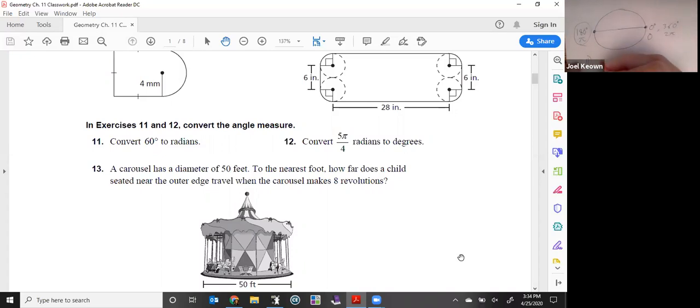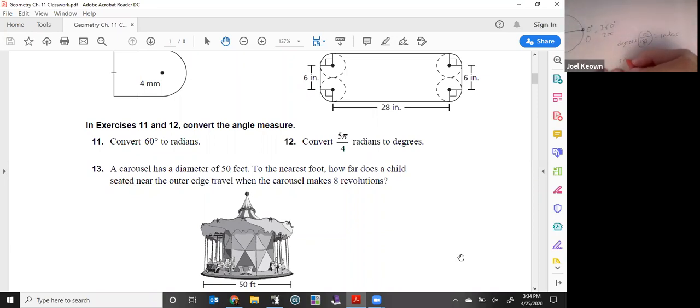So if I have 60 degrees and I want to change to radians, well, let's see here. I'm going to write out some formulas. Let's say I have degrees and I want to change to radians. Well, I multiply by pi over 180, and that equals radians.